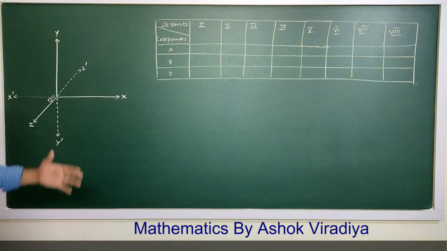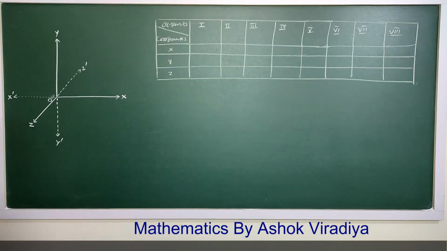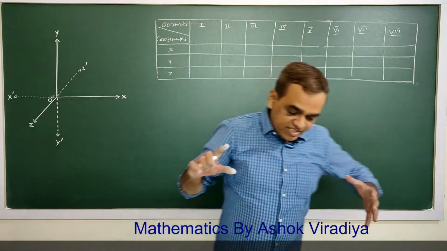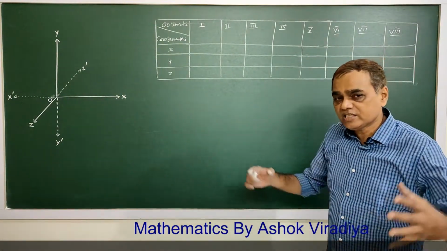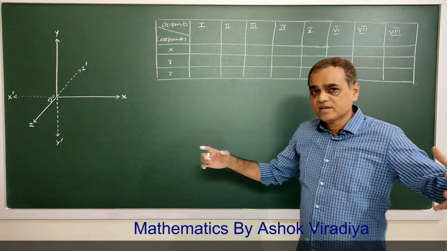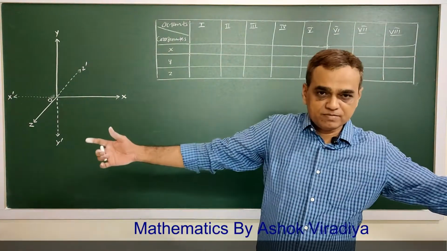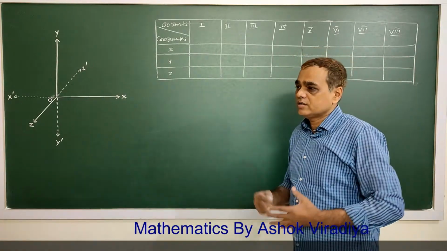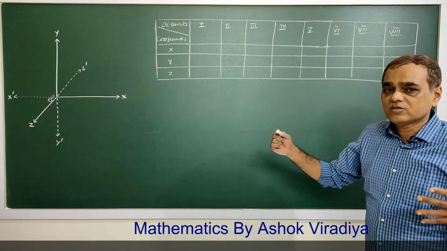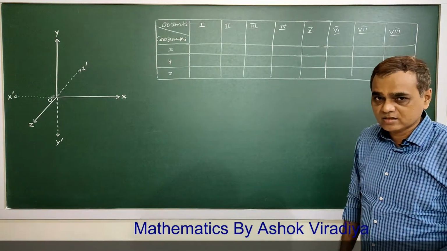There are 8 octants. Space is divided in 8 parts. To understand these 8 parts, once again I explain. Imagine this picture, that this room is a space. Now in this room, you consider 3 perpendicular lines.